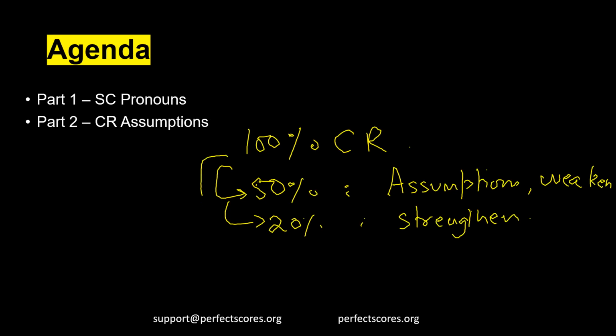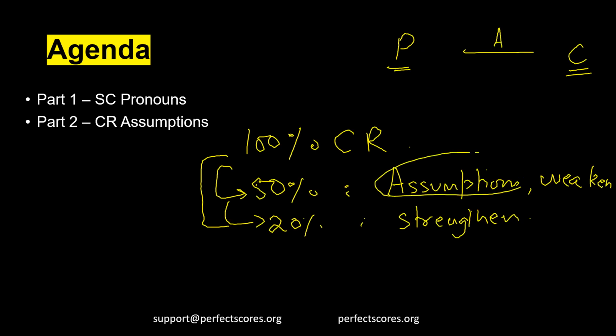So these three kinds of questions, assumption questions, strengthen questions, and weaken questions, are the ones that you will see more often than not, and they have to be your strong area. To understand how to solve these questions, you need to understand the same basic relationship: there are premises, there are conclusions, and connecting both of these are a set of assumptions.